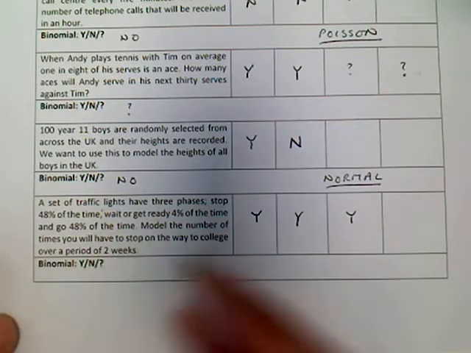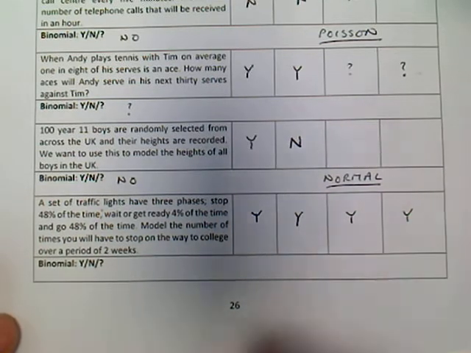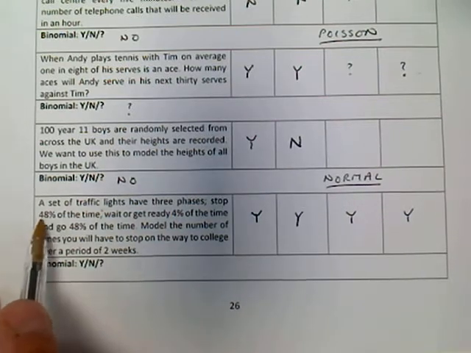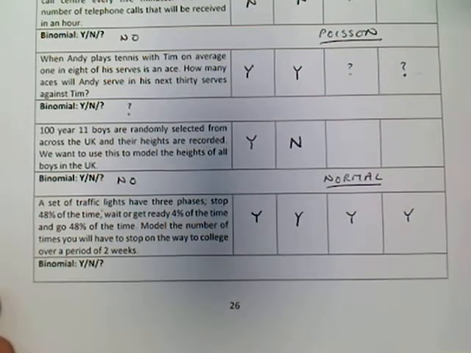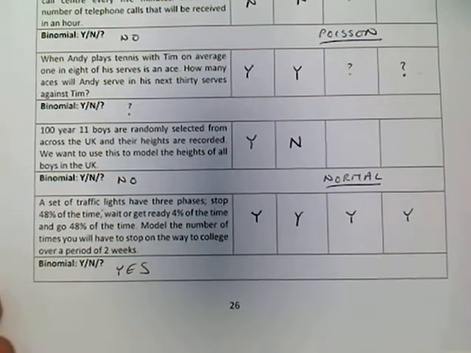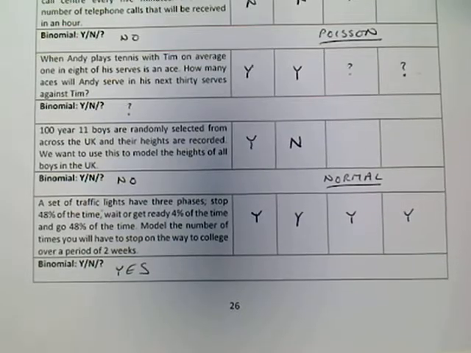We're told that these are the percentages, so those are independent. So each day it's the same probability that we will hit the lights in one of those two conditions. So again, I think we can confidently say that binomial would be a good model for that.